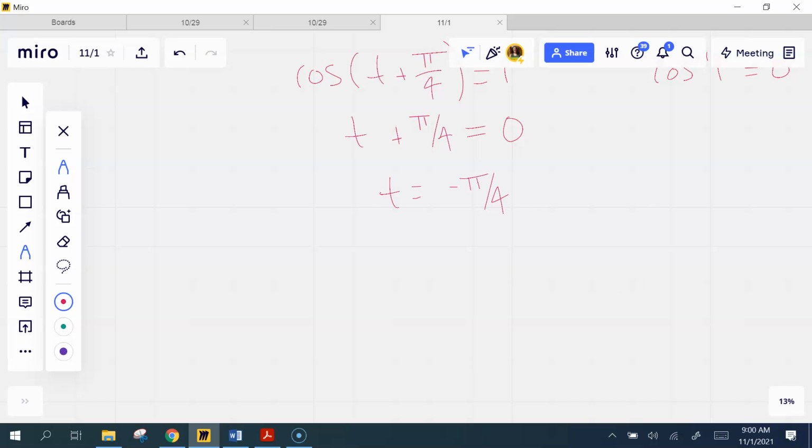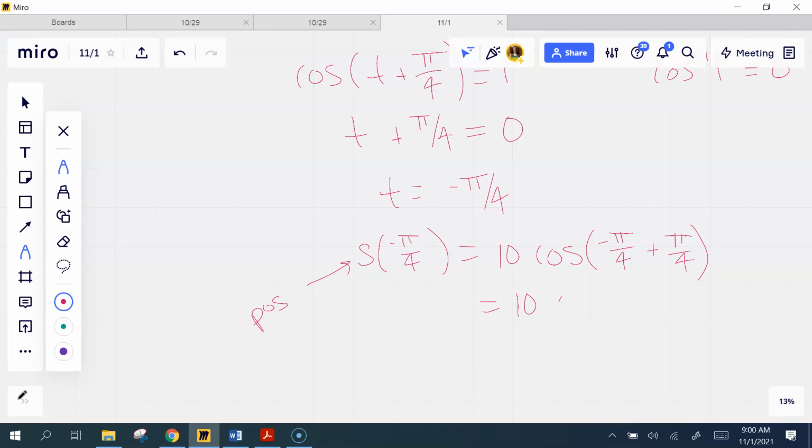Okay, so let's see. If I plug in negative pi over 4 into the function to find out where it is, that means my maximum happens at pi over 4 in time. That's my seconds or whatever it is. Then if I plug that in, I've got 10 cosine of negative pi over 4 plus pi over 4. This is the position function.